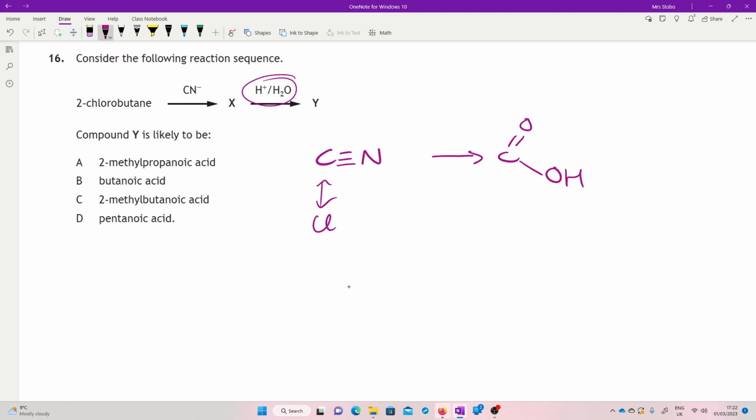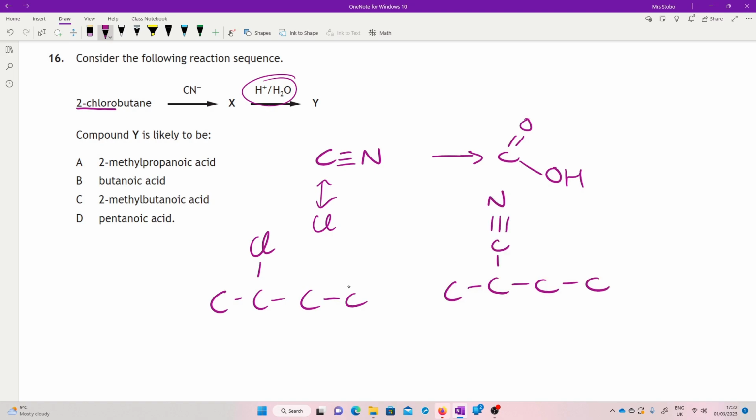So we're expecting that from our 2-chlorobutane, we would end up with the nitrile group at number 2, and our butane has been increased in terms of size. So if I take my 2-chlorobutane to start with, and this is what I would have been doing in the exam, doodling them out, then I'm going to change it by substituting in my nitrile. And then I'm going to change it again and make that into the carboxylic acid.